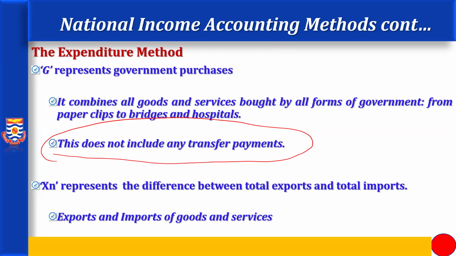And remember, I've already explained to you that exports are goods produced in Ghana but patronized by outsiders, so we have to add it. And imports are goods that are not produced in Ghana but are bought by Ghanaians, so we have to take it out, right? So that's why net export represents the difference between total export and import.